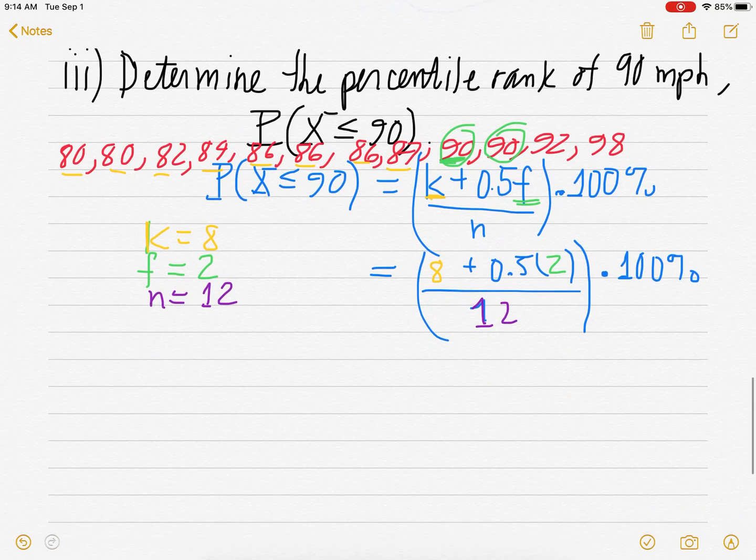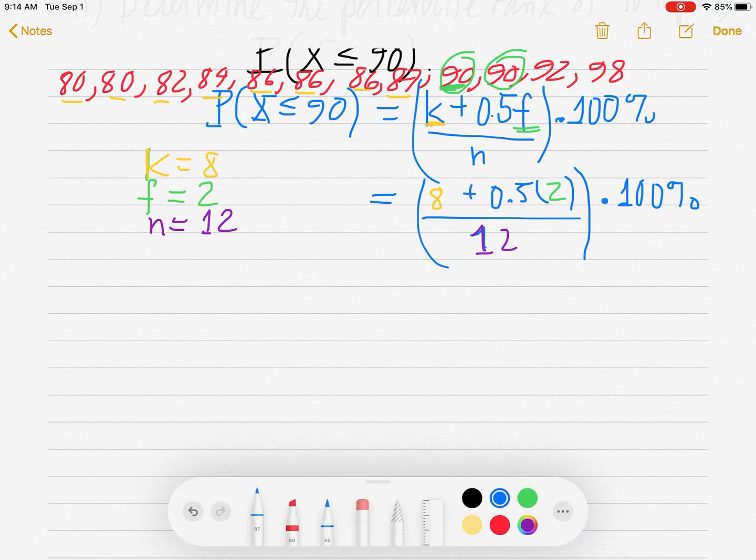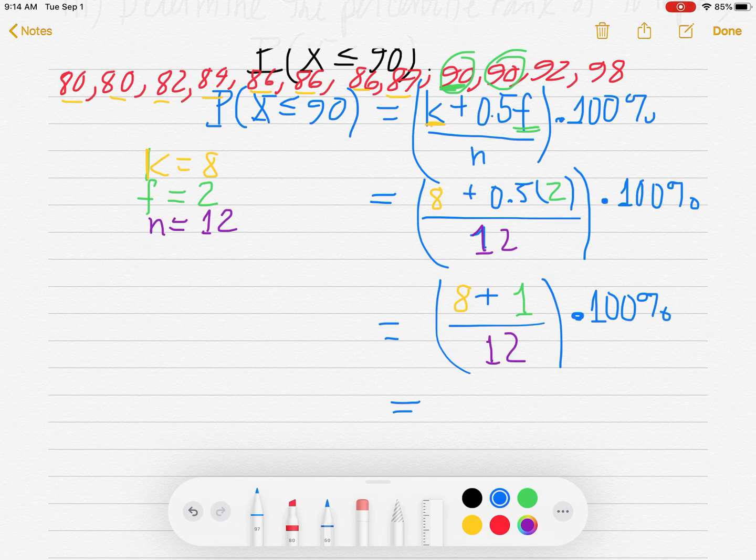All right, let's do the computation. 8 plus 0.5 times 2 is simply going to be 1 here. Well, that's going to be divided by 12, multiplied by 100 with a percentage sign.